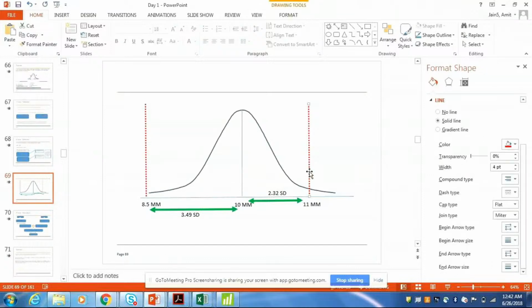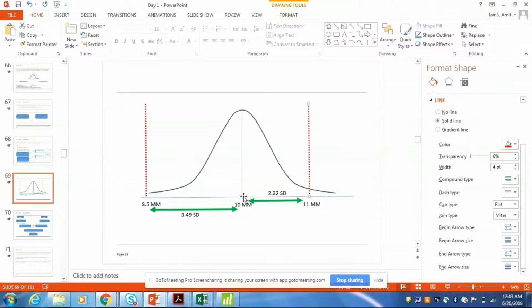So what do you think is the probability? Where would I make the maximum defects? On the low side, between 8.5 and 10? Or after 11?